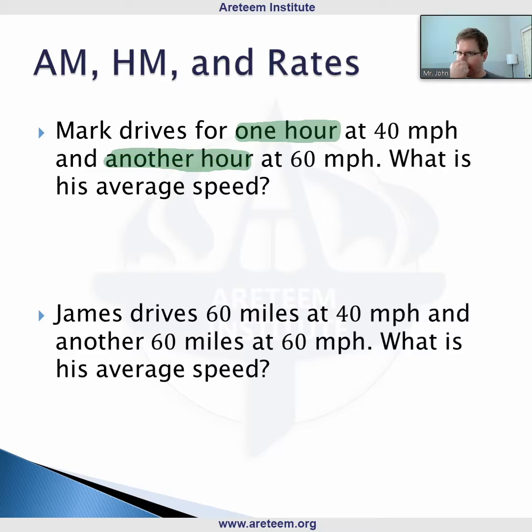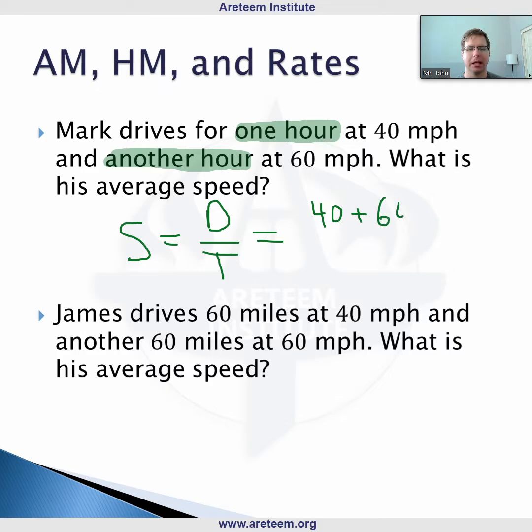So how would we calculate his average speed? His average speed is always going to be the distance divided by the time. That's always how we calculate the average speed. He goes 40 miles per hour for 1 hour, so that's 40 miles. He goes 60 miles per hour for another hour, that's 60 miles.